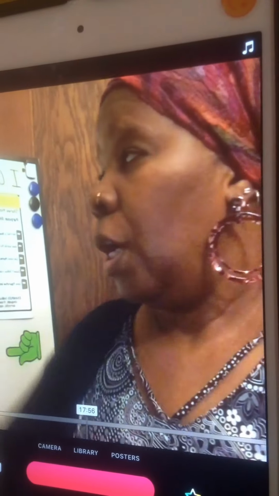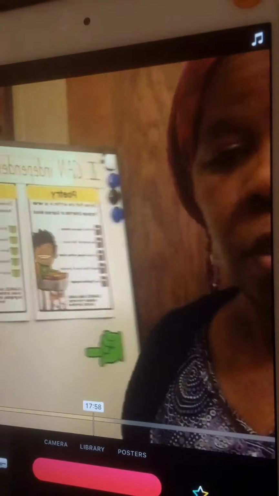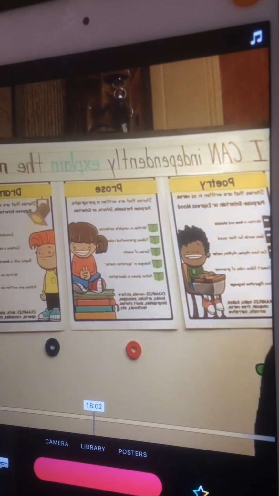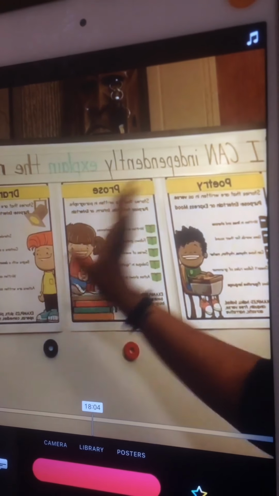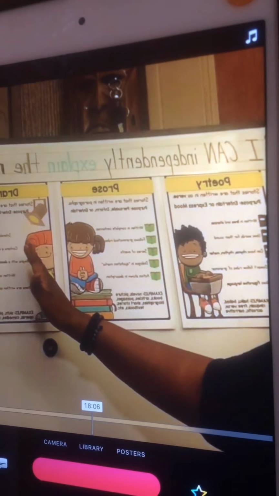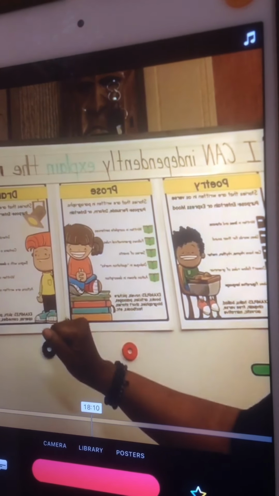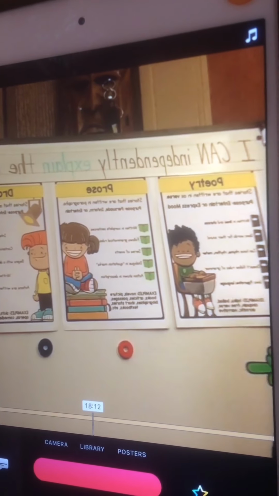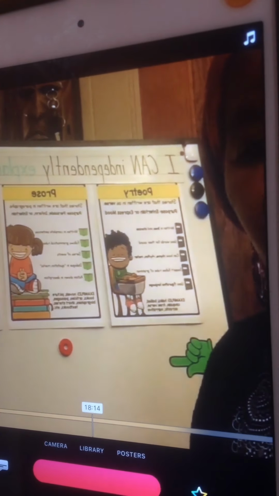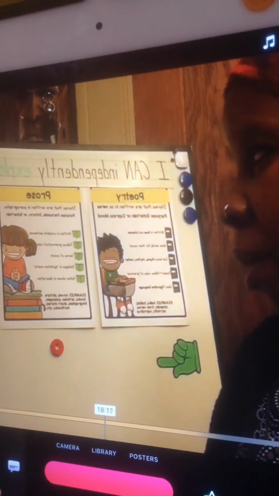Drama is just like when you're watching a TV show, or a play, or a skit. It's meant to be performed. Characters, dialogue, stage directions, all of those things happen with drama.